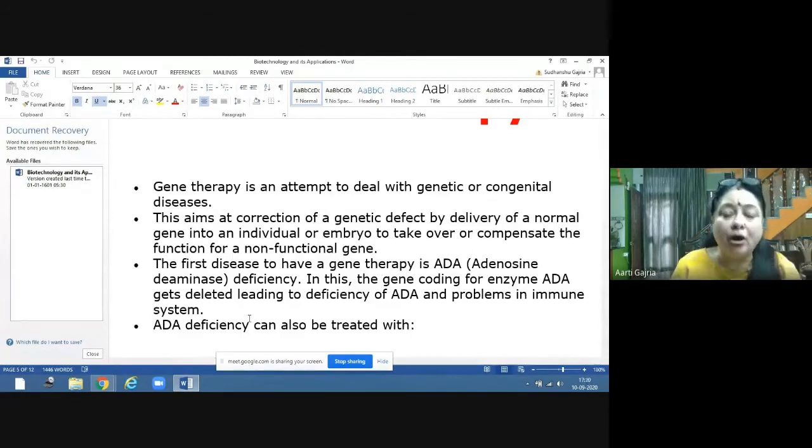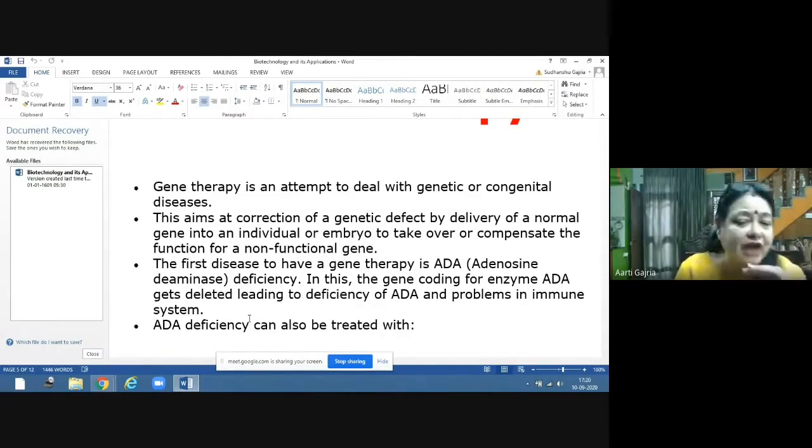In a normal person, adenosine deaminase helps in the formation of lymphocytes B and T from the bone marrow stem cells. They are formed in the presence of this enzyme, adenosine deaminase.